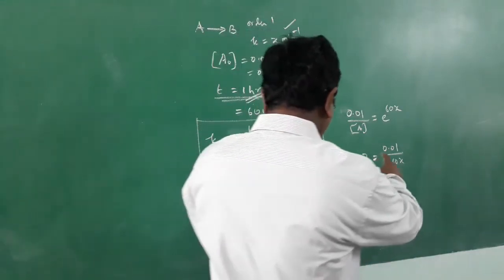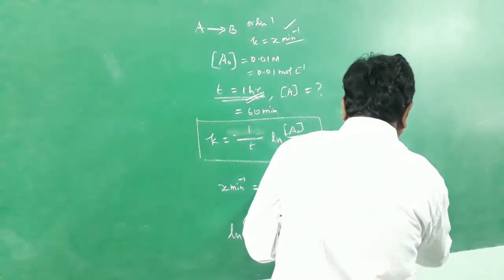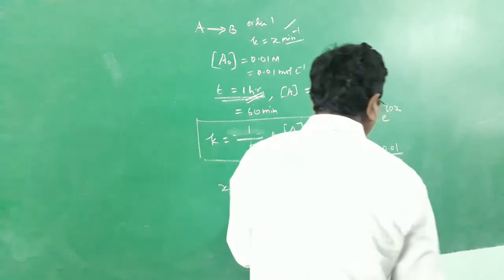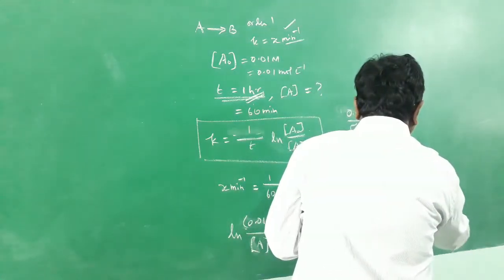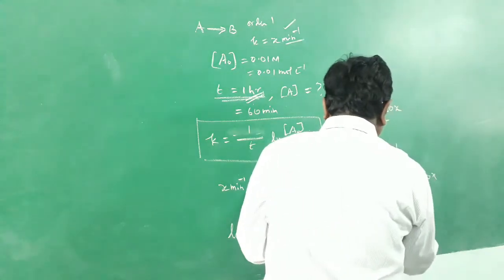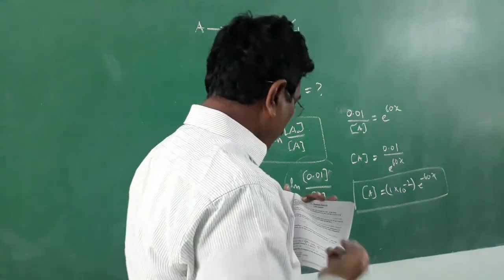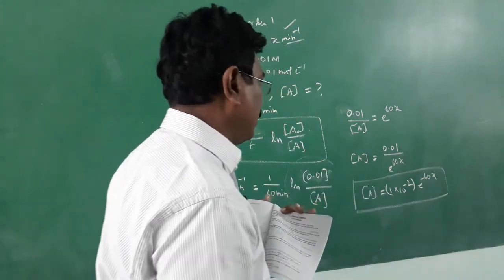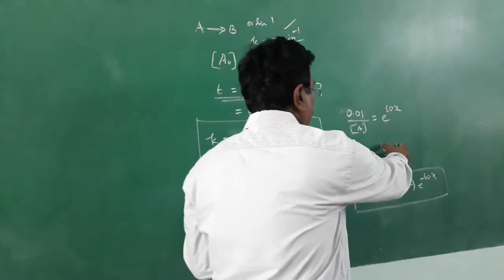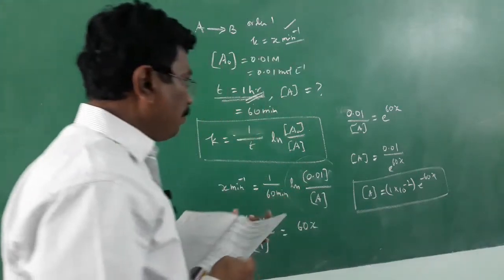This value is given as 10 power minus 2; 0.01 is nothing but 1 into 10 power minus 2. When it is taken over to the numerator, it becomes e power minus 60x. The answer might have been given in different ways, we have to match. So option C is found to be the correct answer.